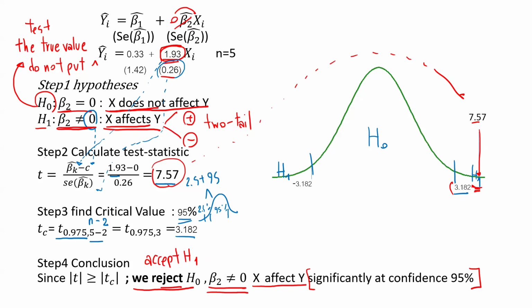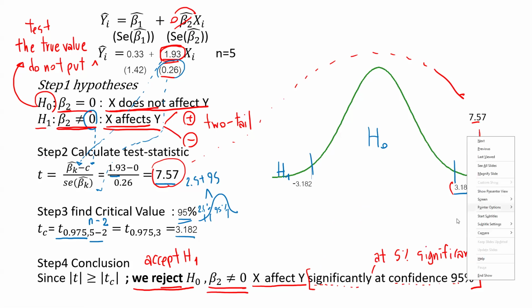This is called hypothesis testing. So you have to write down this word after you test: significantly. You can say at 95% confidence, or at 5% significance level.